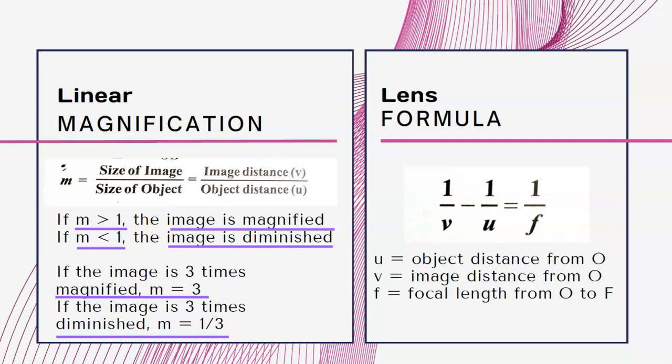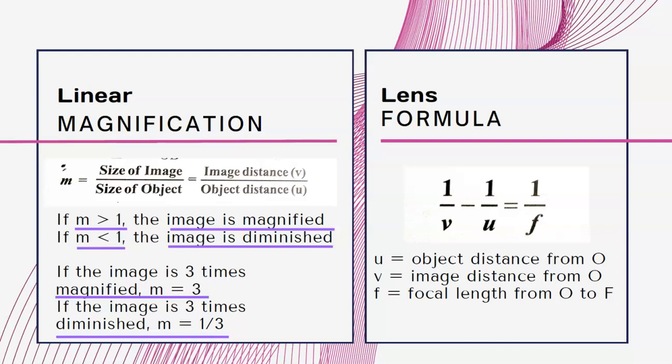Understand the difference? We also have to learn lens formula, which says that 1 upon f is equal to 1 upon v minus 1 upon u, where f is the focal length of the lens, u is the distance of the object from the optical center, and v is the distance of the image from the optical center.